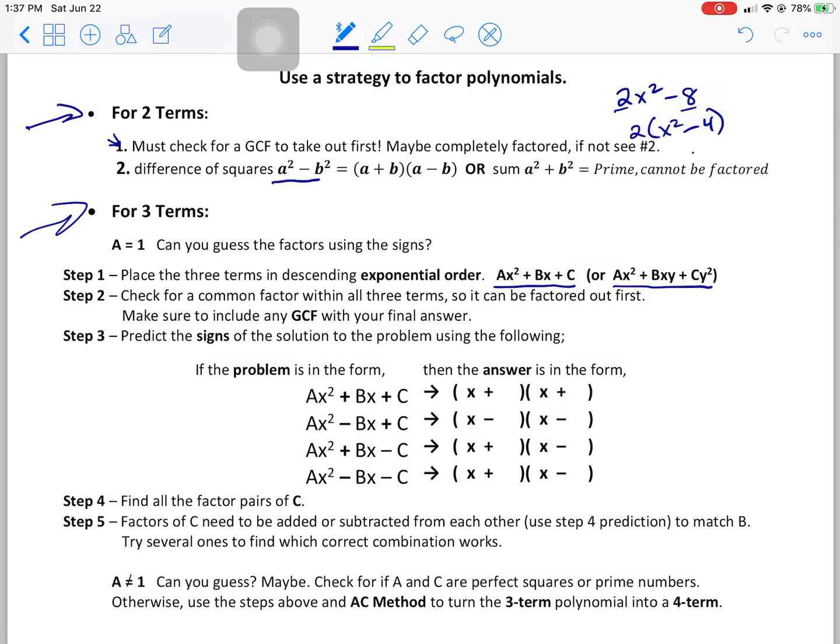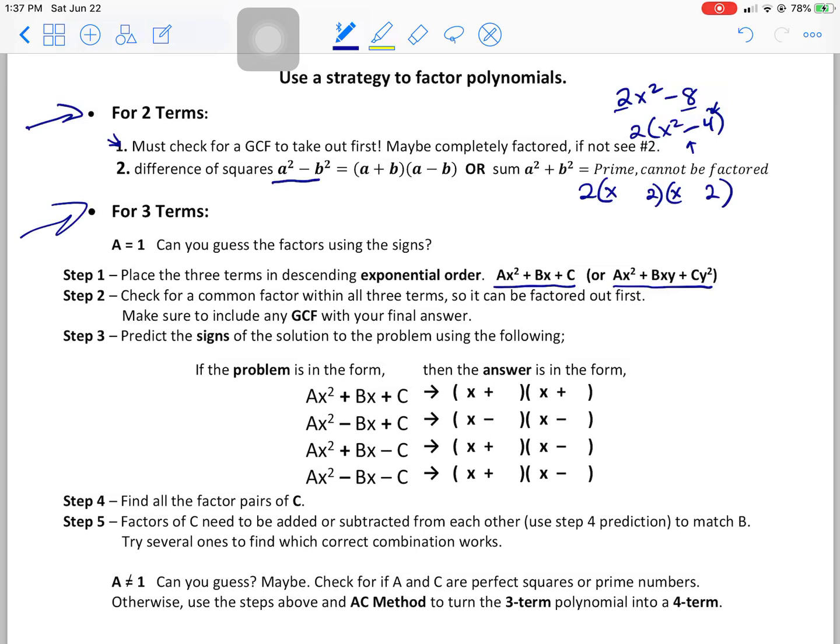And then how do you factor this? This will come out and you'll take the root of the first one. So if it's x squared, then its root is x and another x. The root of this last one, the 4, that's a 2 and a 2, okay?